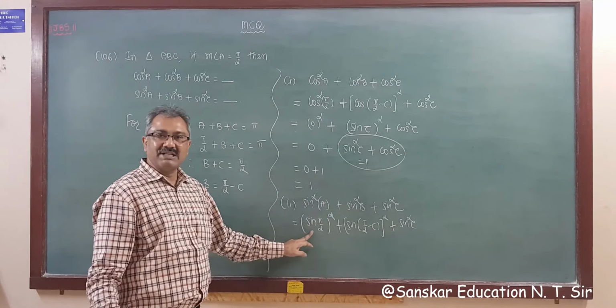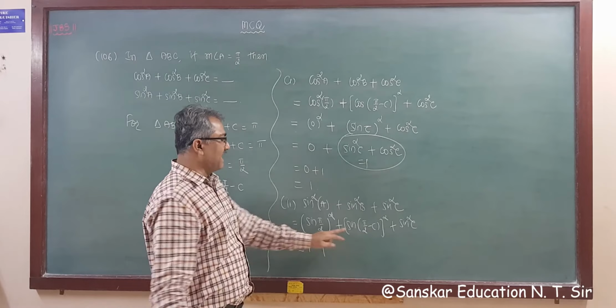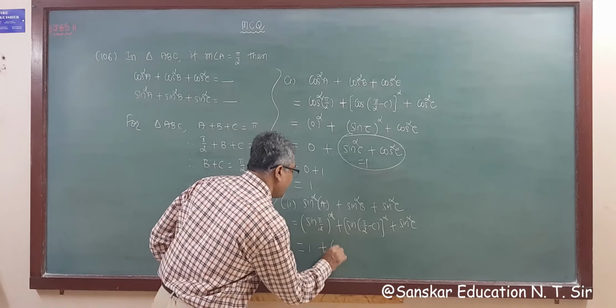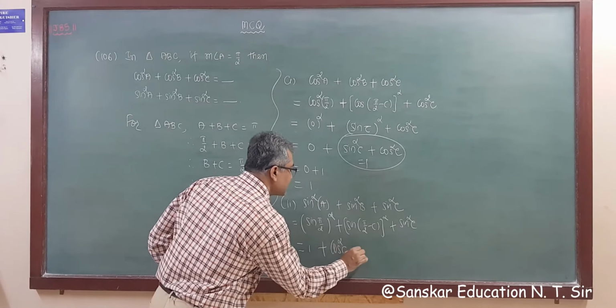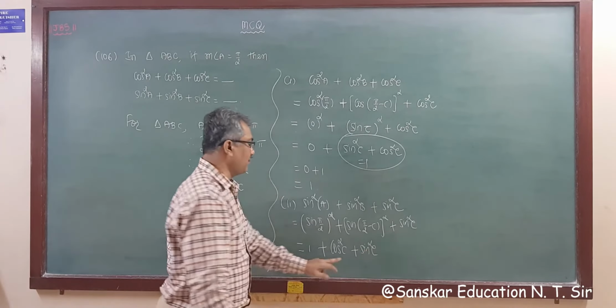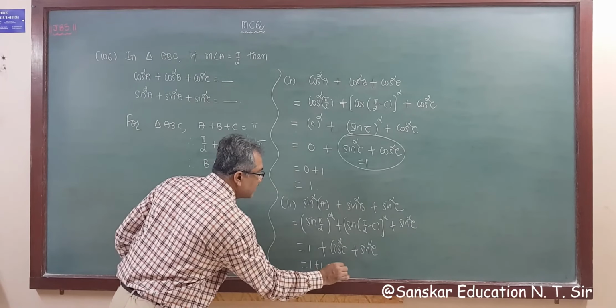Now sin pi by 2 is 1, so 1 square is 1, plus, now sin pi by 2 minus theta is cos theta, so this is cos square C plus sin square C, and cos square C plus sin square C is 1. So 1 plus 1 is equal to 2.